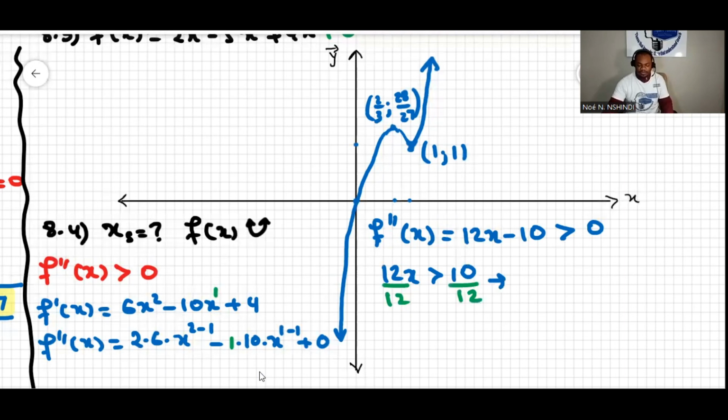So x is greater than 5/6. These are the values of x for which the function f of x is concave up. Thank you.